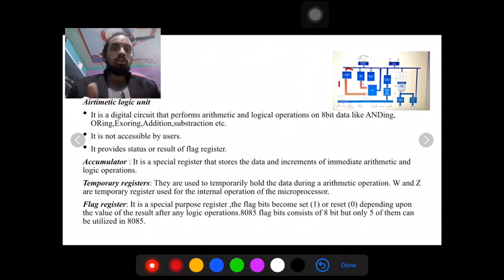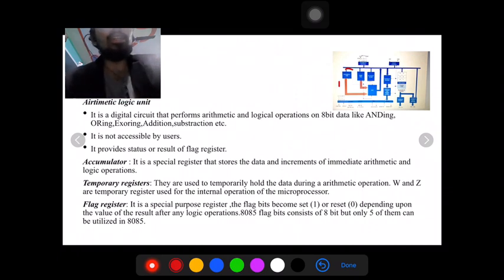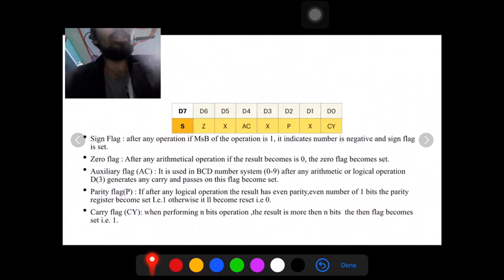It depends upon what the value of your result is after your logical operations. The 8085 has 8 bits, but we can only use 5 out of 8. So these 3 that you see here, 1, 2, 3, are not usable.